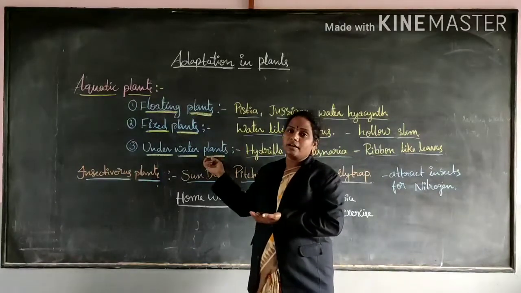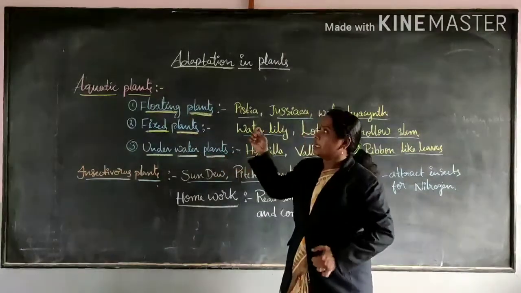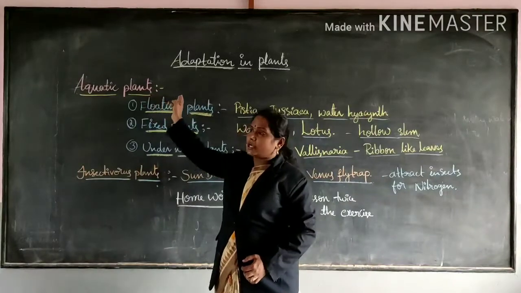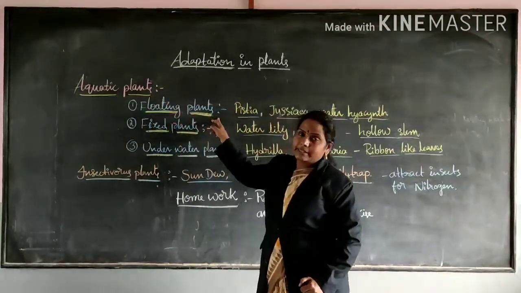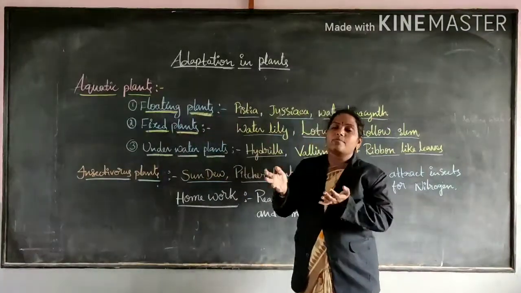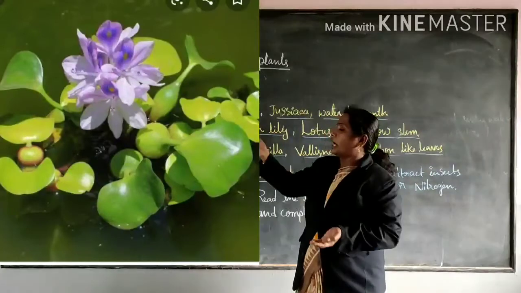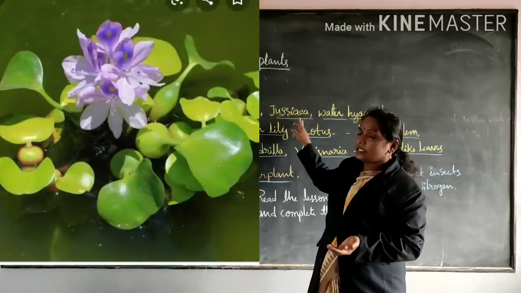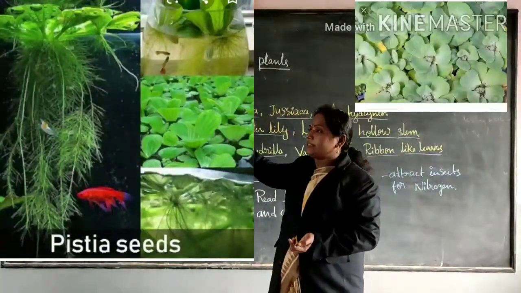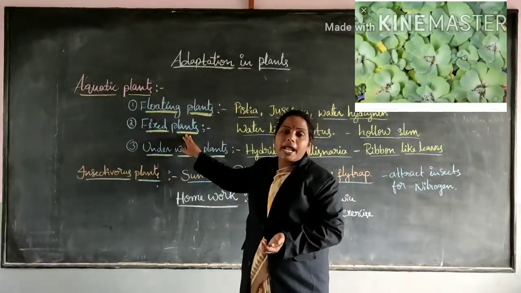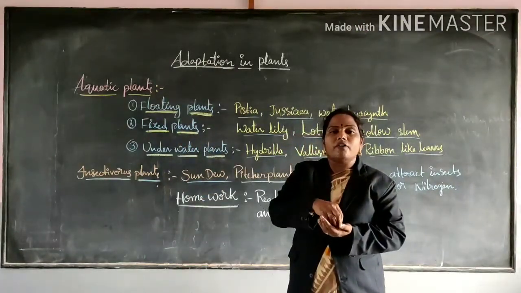Aquatic plants are of three types. Floating plants: the total plant body floats on water, for example Pistia, Jusia and water hyacinth. Next, the fixed plants: the plant's roots are fixed in the bed of the water body.